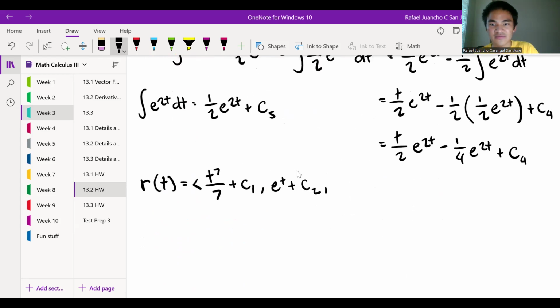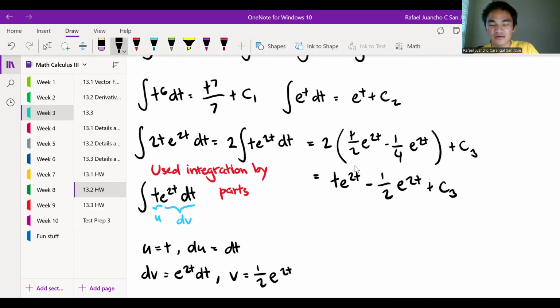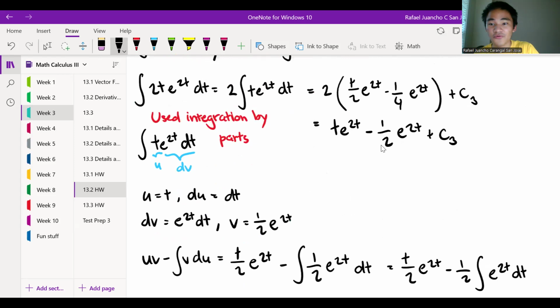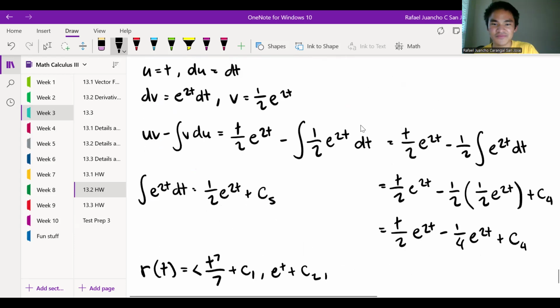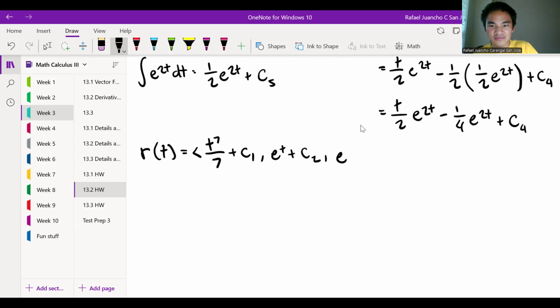And lastly, I have my, what was it? e to the 2t, t minus 1/2. Oh, I can actually simplify. Yeah, I could say e to the 2t, t minus 1/2. Another thing I realized I could do to make it cleaner. So I have e to the 2t, t minus 1/2 plus another constant.